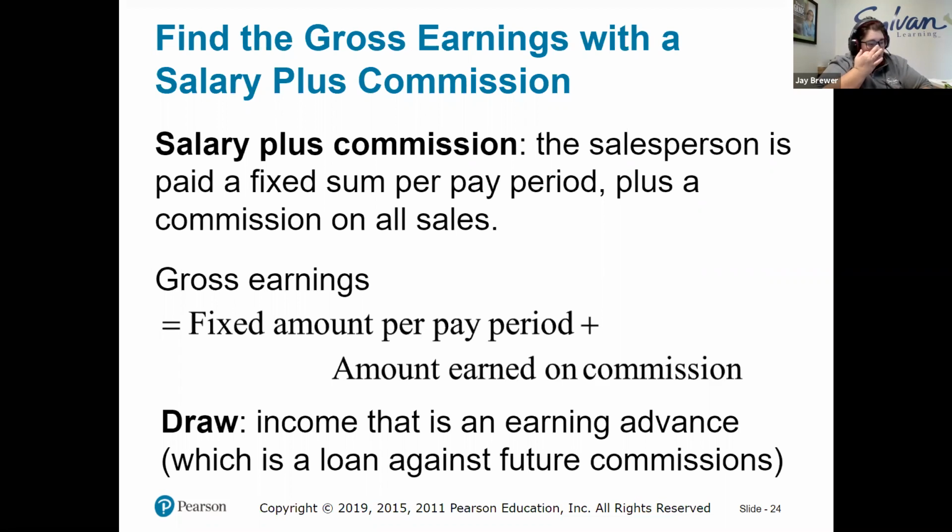If you're going to do that, I would look at all of your past commission sales and only ever take half of what you know you can make in a normal setting of time. All right.